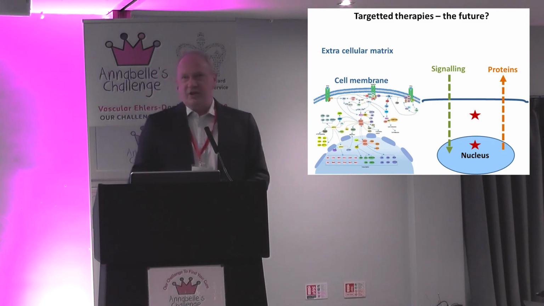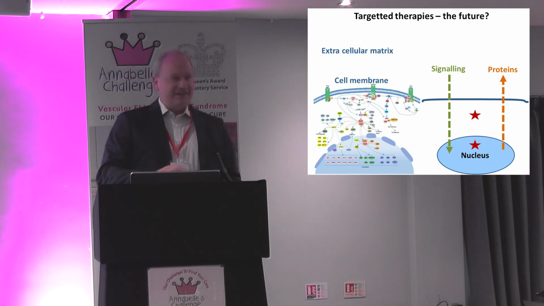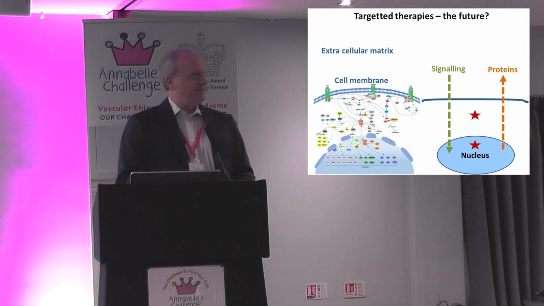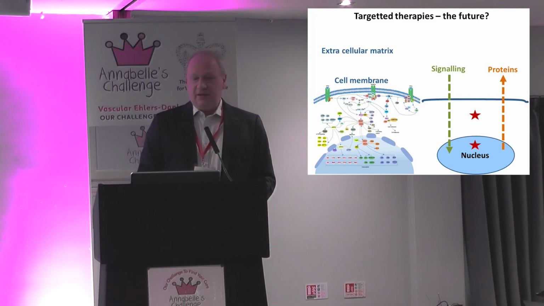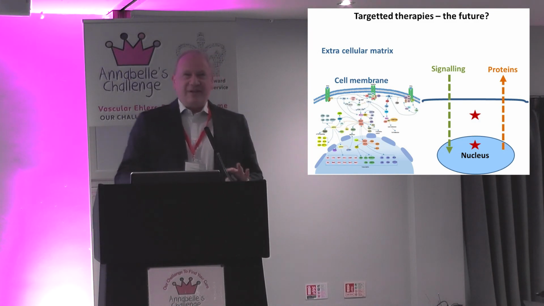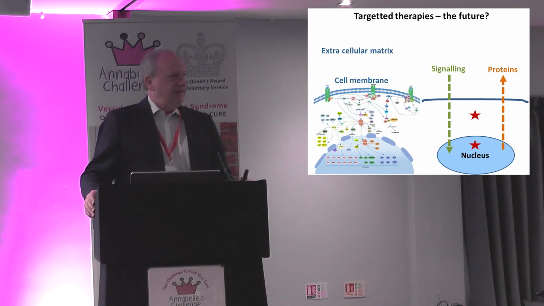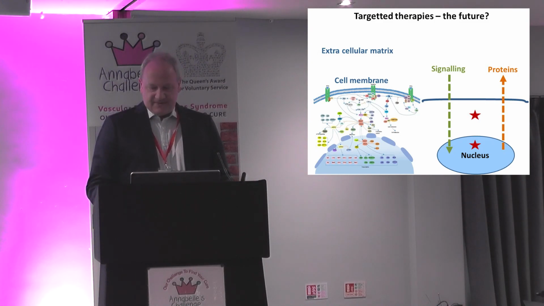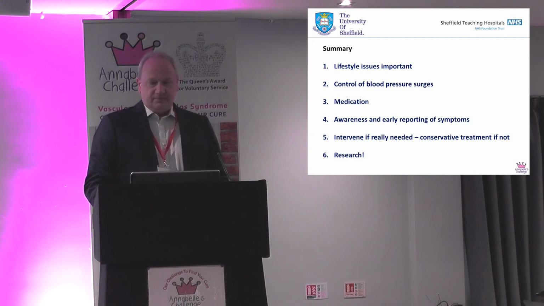I think the future is trying to protect us against the inherent weakness in the arterial wall in the first place, and we're going to do that probably by looking at ways of affecting the signaling process that goes on into the cells, or even the genes themselves, gene therapy. So I'm not going to say any more about that because I think you can get some good talks about research later on today.